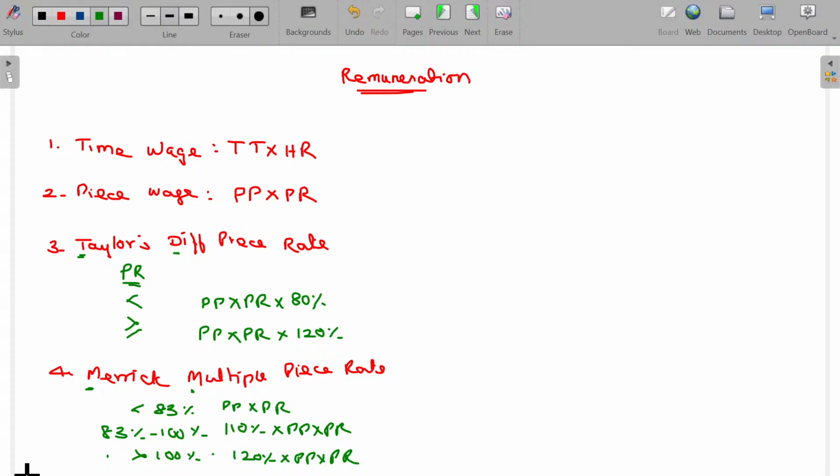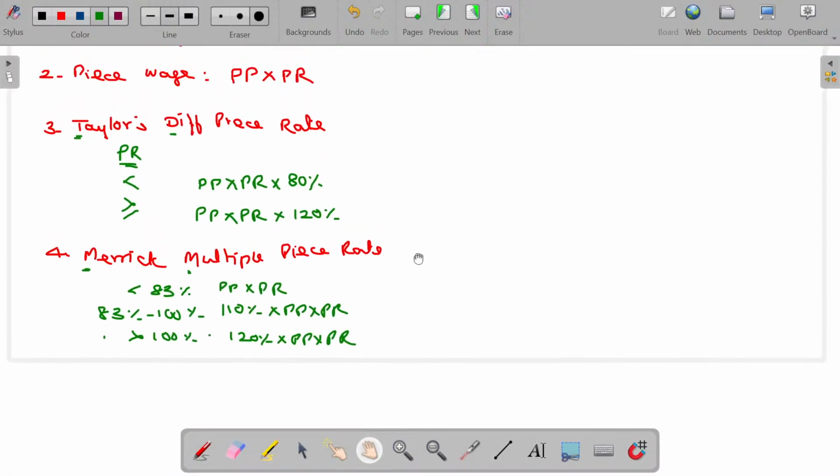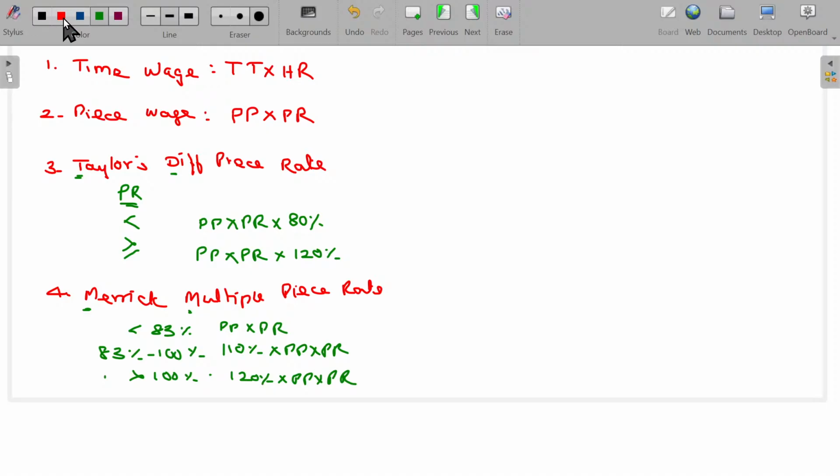Now, one more variant is there. Fifth one, Gaunt guarantee task plan.